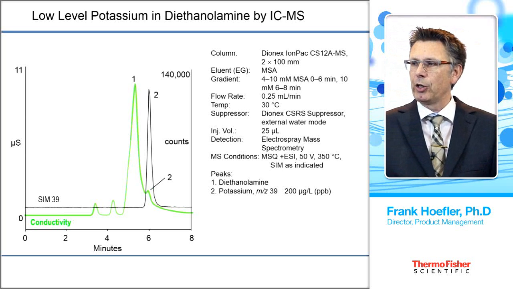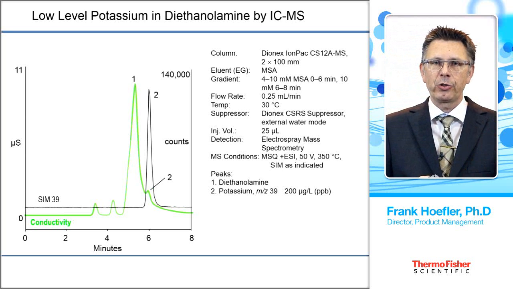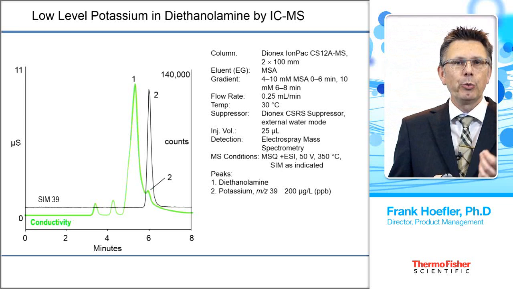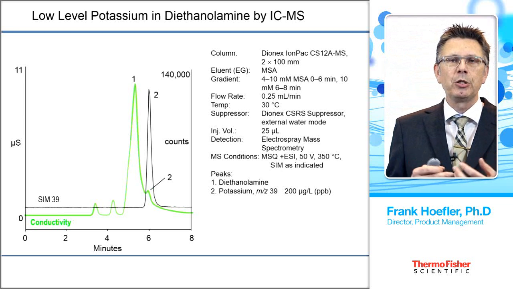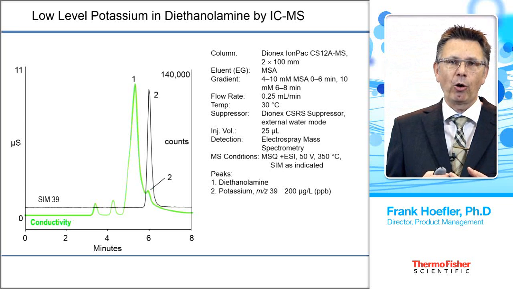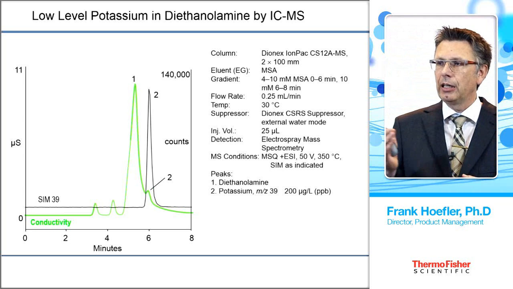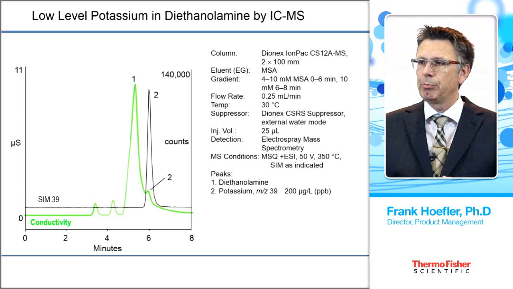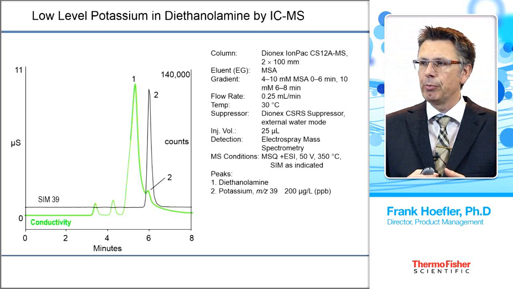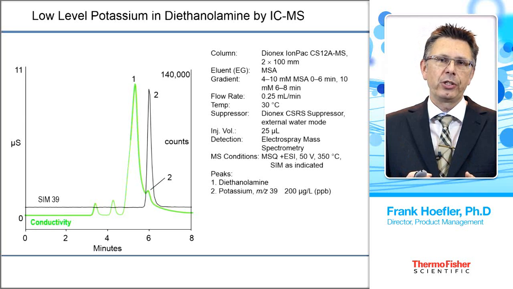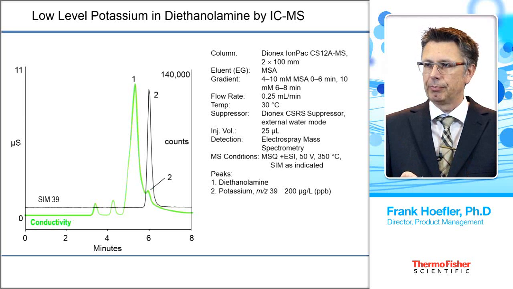If we use the mass spec and look at mass to charge ratio 39, which is selective for potassium, we have no problems because we do not detect diethanolamine at all, and we can nicely detect the peak start and peak end. We have no tail, no co-eluting peak is visible, and we get a very high sensitivity in this example as well.